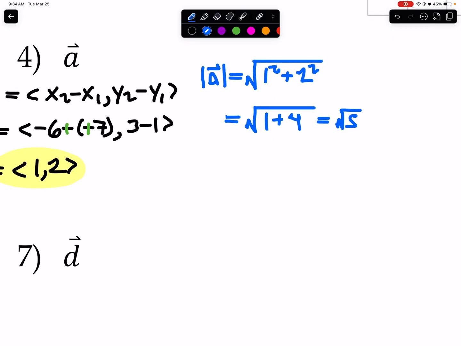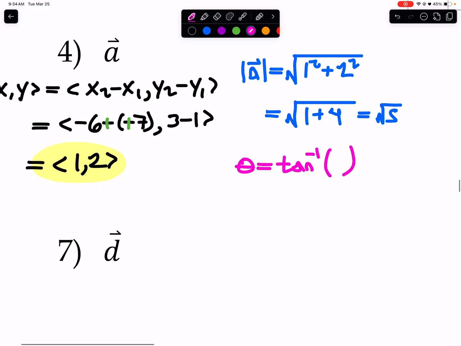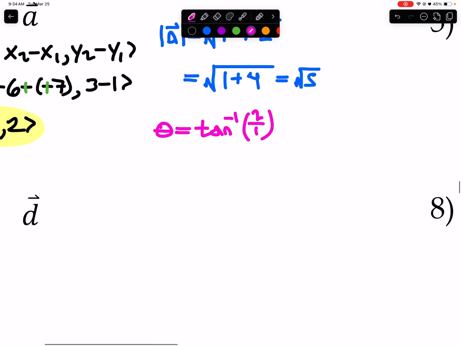Now we need to find the direction. So in order to find the direction, we're going to do inverse tangent of the y component over the x component. So the y component, which would be 2 over 1, which in this case is just going to be inverse tangent of 2.